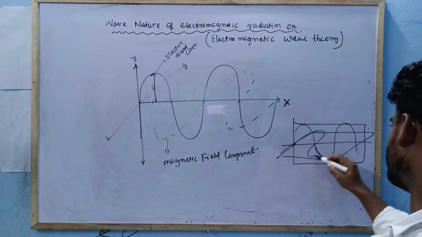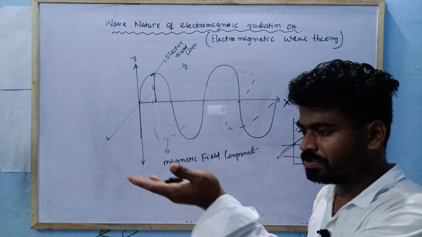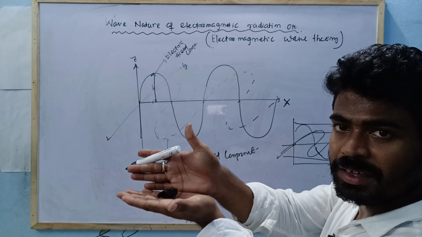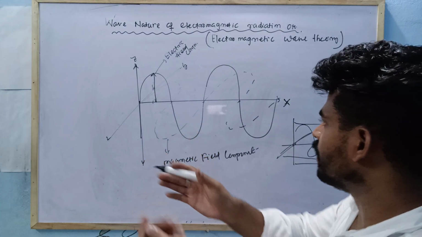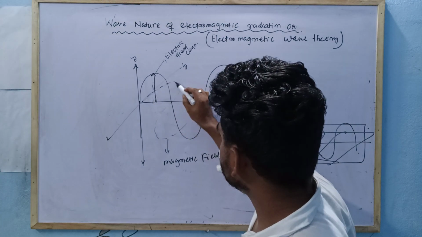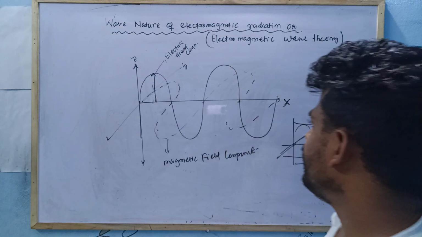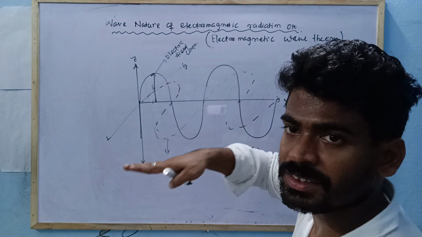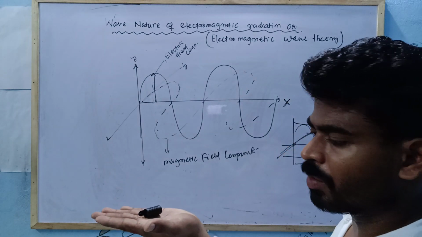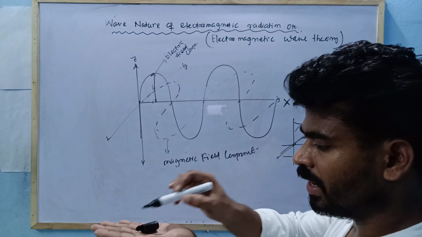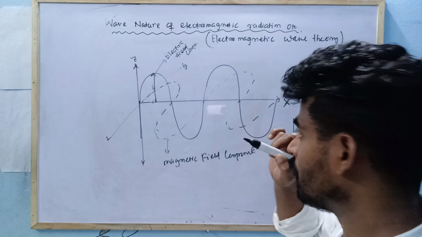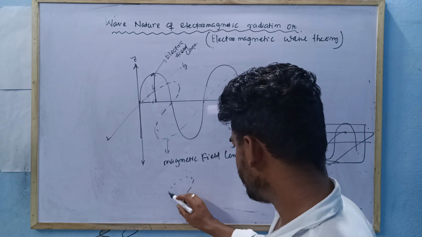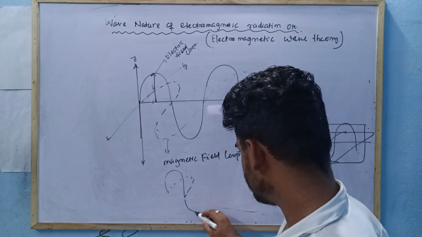Suppose this one is your magnetic component lying in this plane, and the electric field component will be lying perpendicular to it. This magnetic component is present in your xy plane, and the electric component is just perpendicular to it.